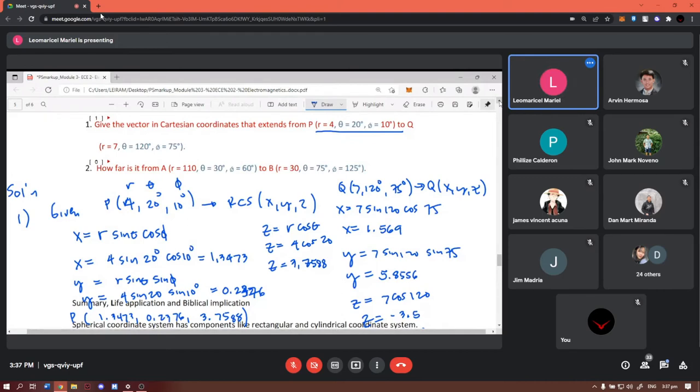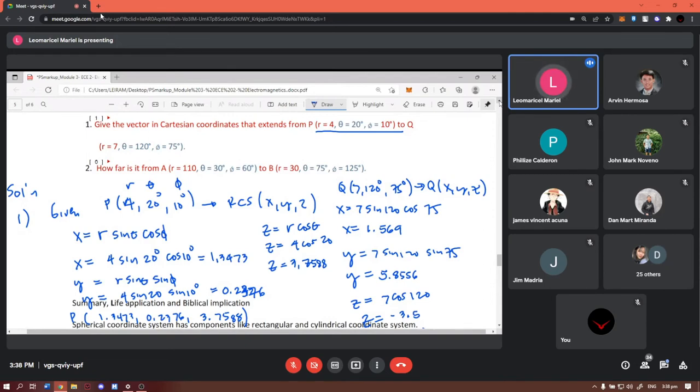Mr. Acuña, pag sinabing how far, A to B, parang distance. Okay. So, ang kukunin mo lang actually is the vector magnitude. Makukuha mo yung magnitude ng vector mo dyan. So, pag nakuha mo na yung vector mo, kunin mo yung magnitude. So, that is the magnitude of A to B.